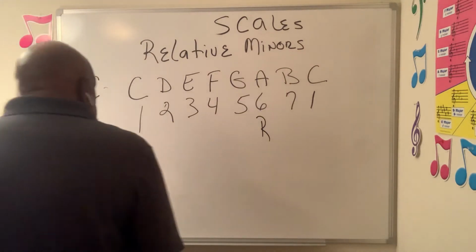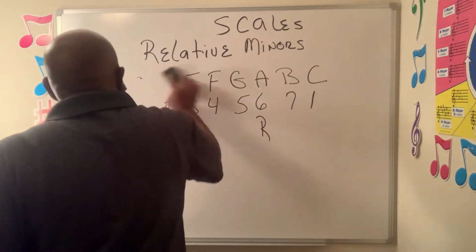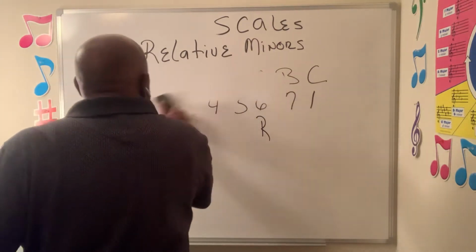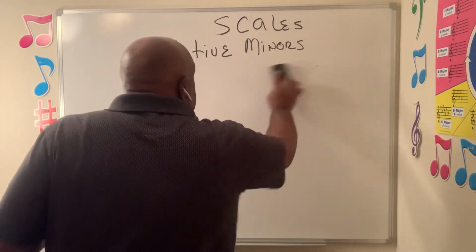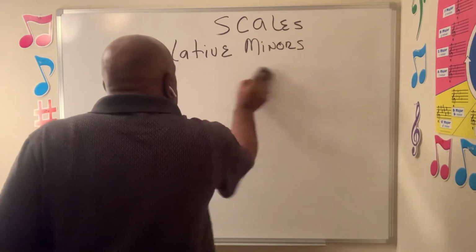All right? Let's do another one. That was the key of C, so the relative minor of C is A. Let's go to G sharp major.